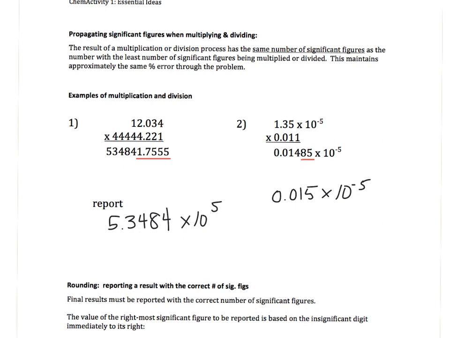And that's not a great way to report something in scientific notation. So I'm going to move the decimal place over 1, 2 towards the right. And so I'm going to end up with 1.5 times 10 to the minus 7. So go from 10 to the minus 5 to 10 to the minus 7.